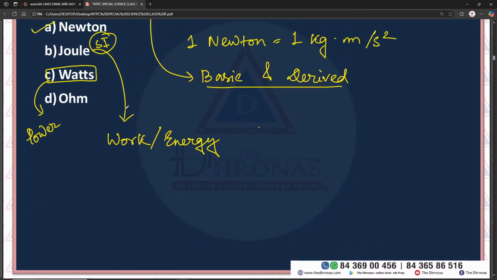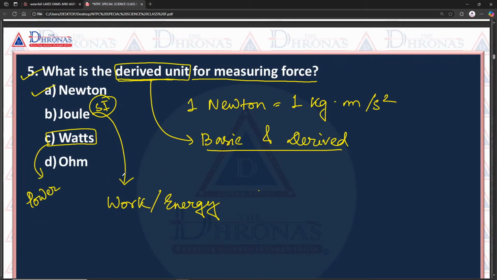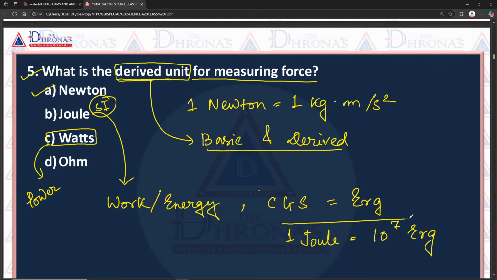अच्छा, यहाँ पे CGS यूनिट क्या है? कभी कभी क्वेश्चन आता है. CGS यूनिट ऑफ वर्क और एनर्जी. CGS that is erg. Okay. So 1 joule is equal to 10 to the power 7 erg. This is important for your static GK. एनर्जी का प्रैक्टिकल यूनिट क्या है? एनर्जी का प्रैक्टिकल यूनिट है कैलोरी.